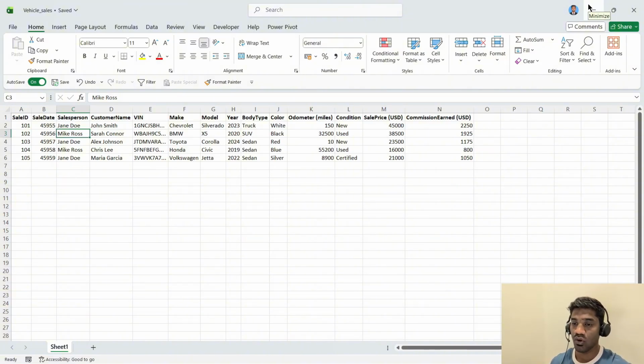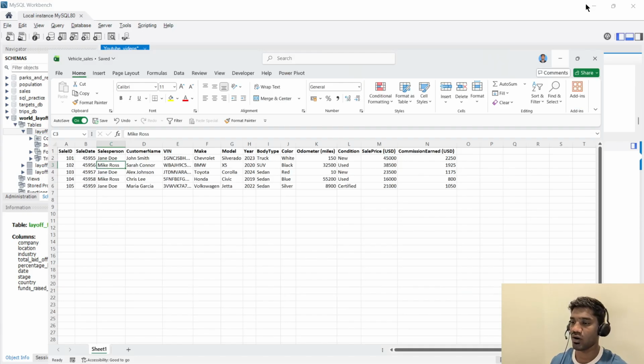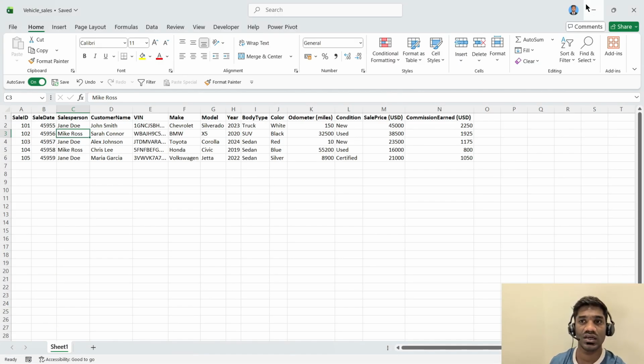So now I want to introduce the topic, which is the types of data. Whatever you see in the database and your Excel, these are structured data. Here you see the data is structured in rows and columns, right?